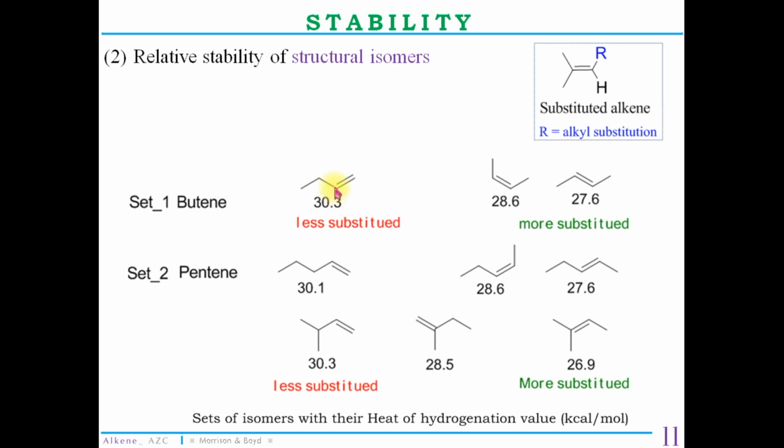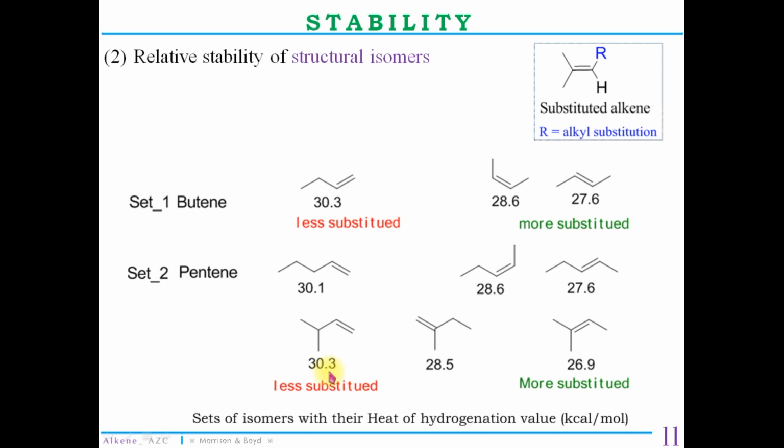Because it has only one substituent, it is a monosubstituted alkene. This alkene has 2 methyl groups, meaning 2 alkyl substituents, so it is a disubstituted alkene. Disubstituted and monosubstituted alkene mean more substituted alkene and less substituted alkene.